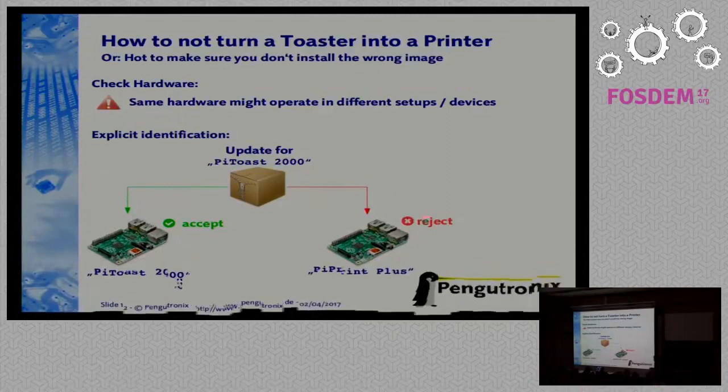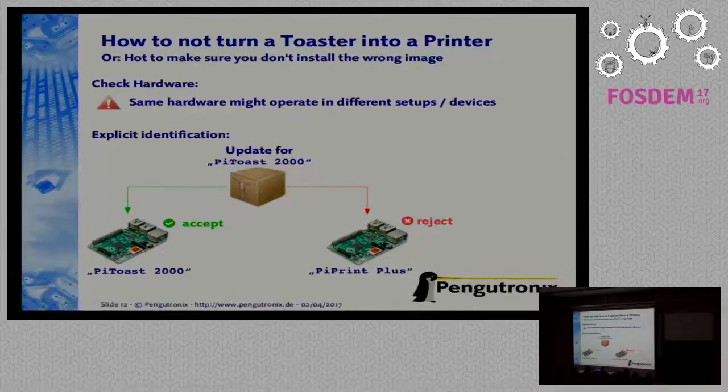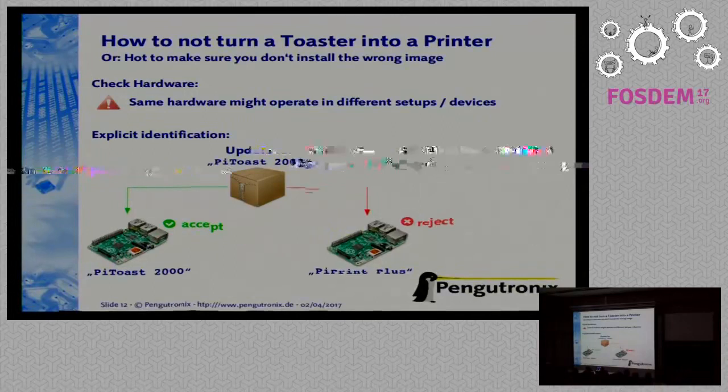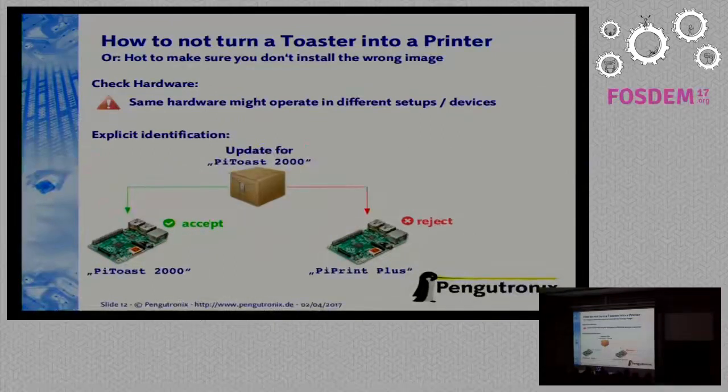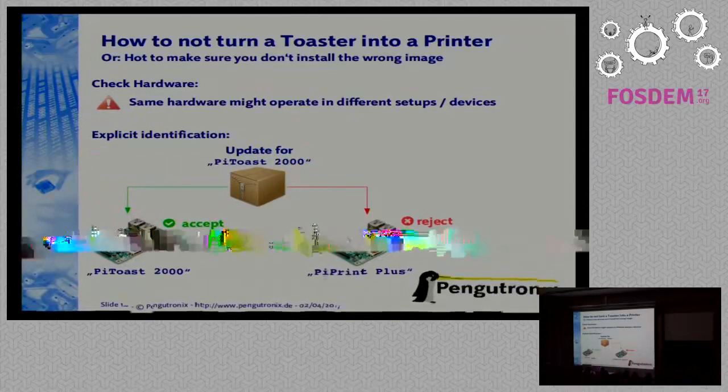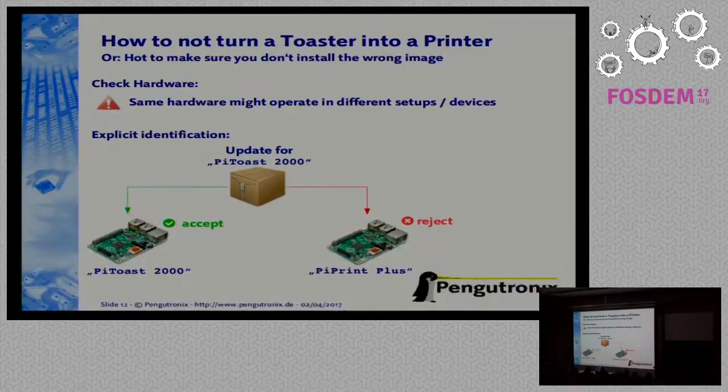As you have here, basically from the outer view, the same hardware, but it works as a different product. So a very simple and thus most times the best approach is to use an explicit identification that you place on the target and on the update. So here this is PyToast 2000 and PyPrint Plus, and if I say it's an update for PyToast 2000, then it's clear it's for this. You can check this and not for this.